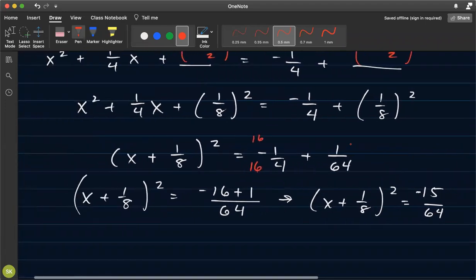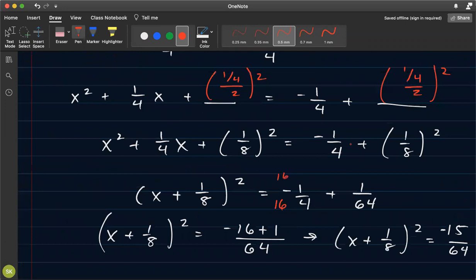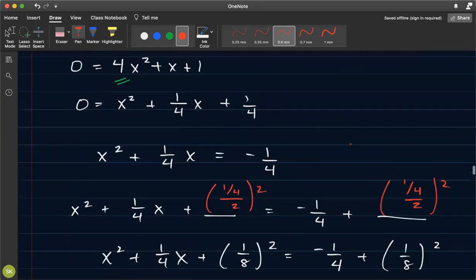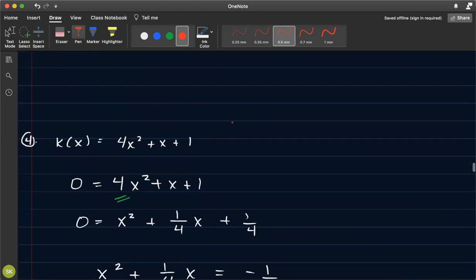All right, so as you can see, completing the square is a little complicated. It might not be the best way to find the zeros of a function. So let's recall all the different ways we found zeros. So for this function here, one thing we learned how to do is to factor. This one has no solution, so you can't actually factor it.